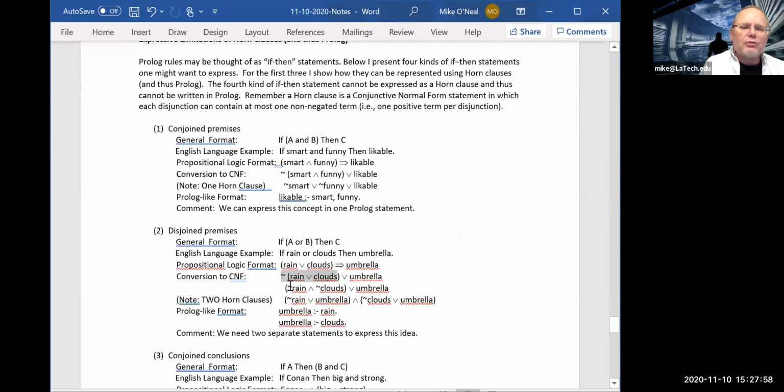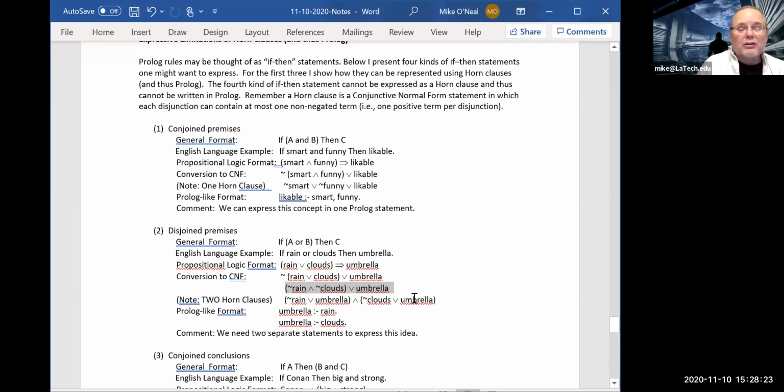When you drive the not through, you get not rain and not clouds. That ain't a clause in conjunctive normal form. In a Horn clause, it's not even in conjunctive normal form, because this guy has an and inside it, and it's not supposed to. The clauses are all supposed to be disjoined.